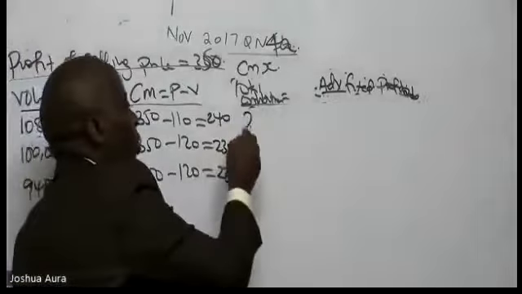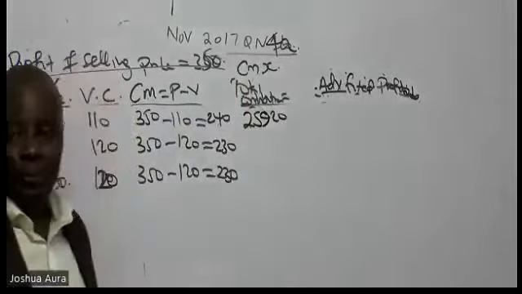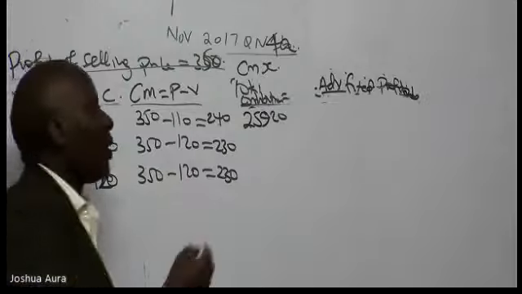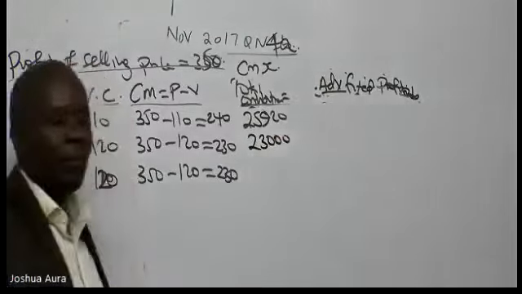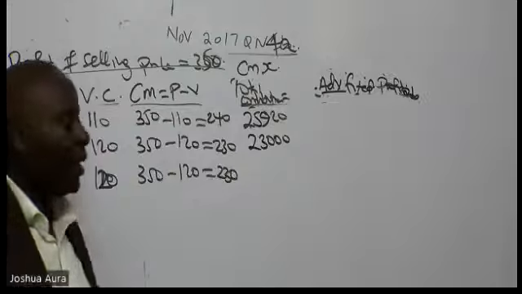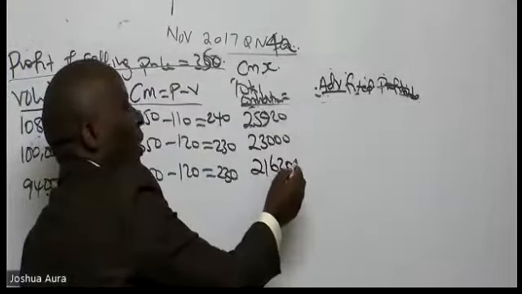The first one is 25,920. The second one is 23,000. The third one is 21,620.